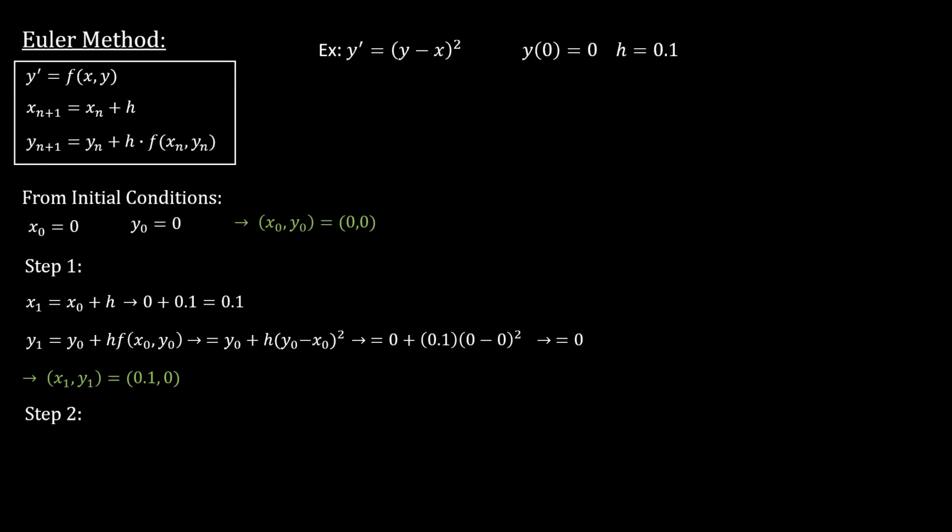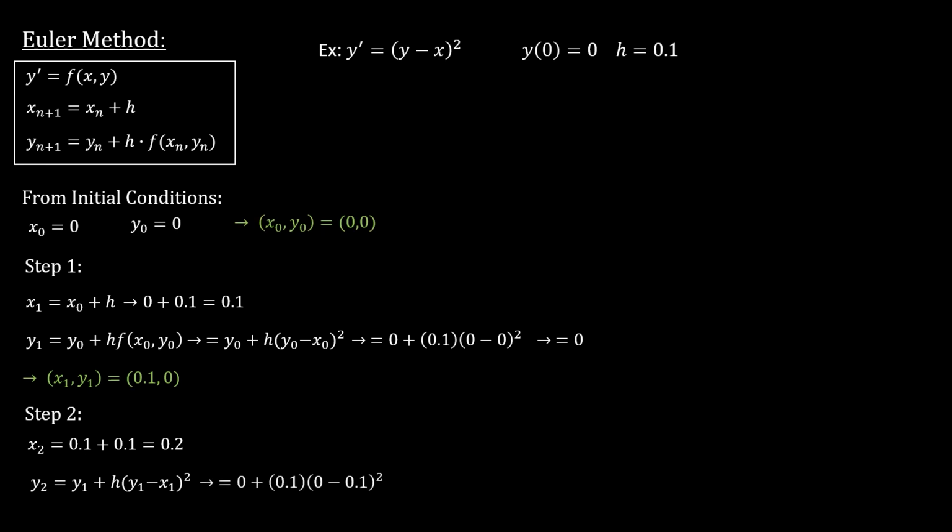So let's do a second step. In this one, x2 is 0.1 plus 0.1, which is equal to 0.2. And then our y2 is equal to y1 plus h times (y1 minus x1) squared. Once again, look at our function, it's changing with the corresponding values.